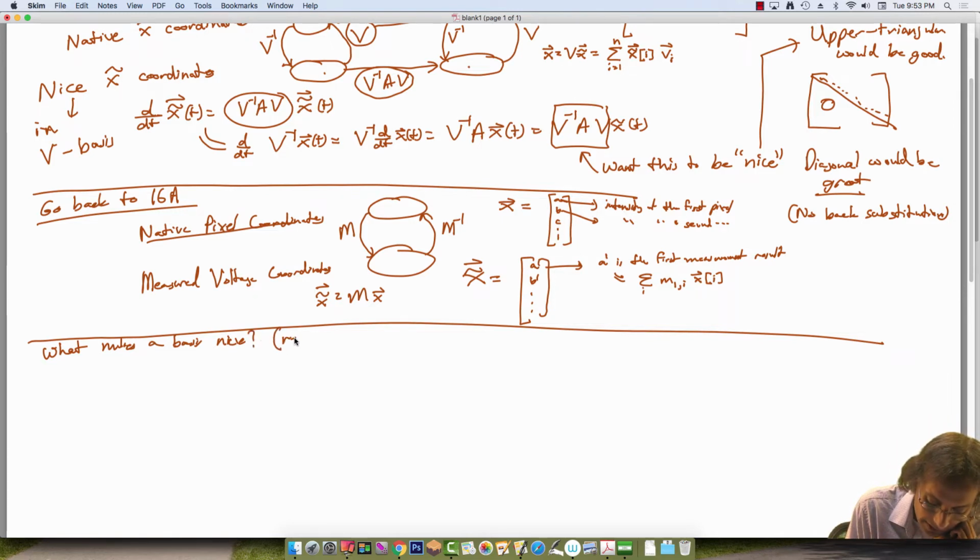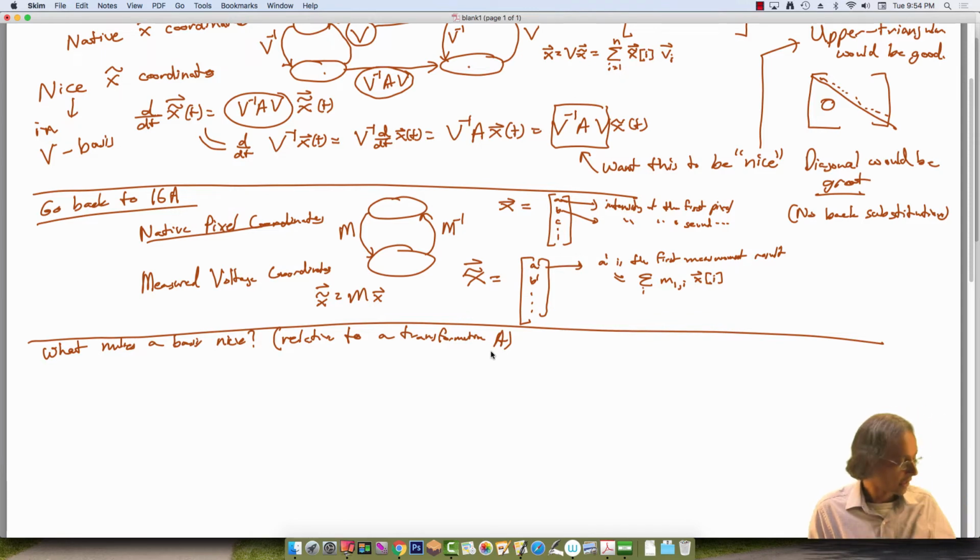Nice relative to transformation A. What we're looking for is a way to get things so that in the changed coordinates, the problem decomposes into some kind of scalar problems.